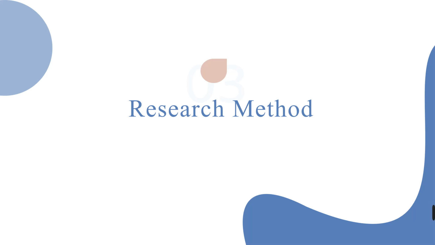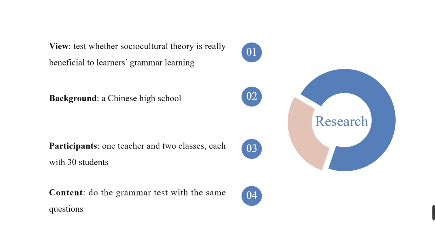Next is the third part, research method. In order to test whether social-cultural theory is really beneficial to learners' grammar learning, we can conduct a comparative research. The background of the research is in a Chinese high school, and the participants are 1 teacher and 2 classes, each with 30 students, and the gender ratio is 1:1.